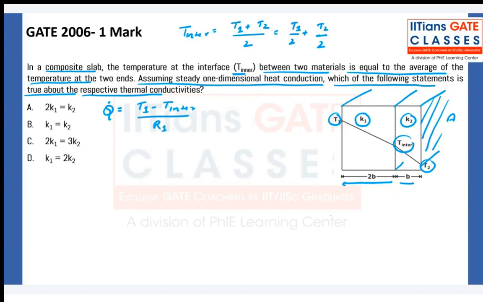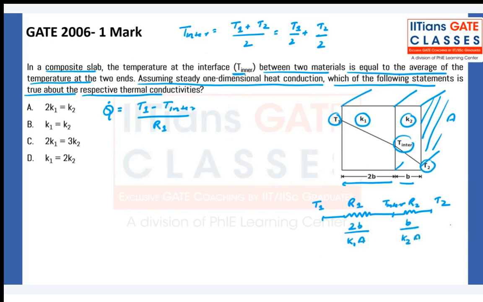Let me draw the thermal circuit here. So let's say this is T1, this is T inter, and this is T2. So this is R1, this is R2. What is R1? R1 is L upon KA. What is L? 2B upon K1. Area will remain the same. What is this R2? R2 is thickness, which is B, upon K2A.